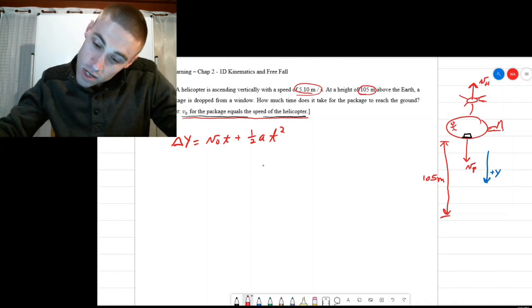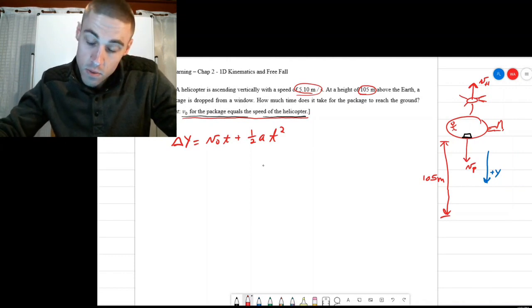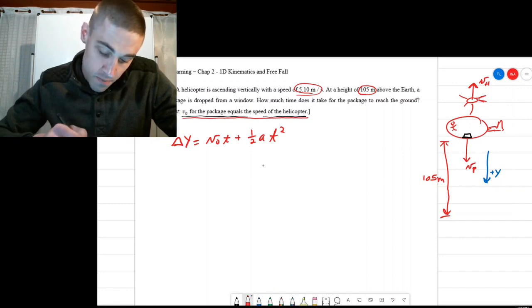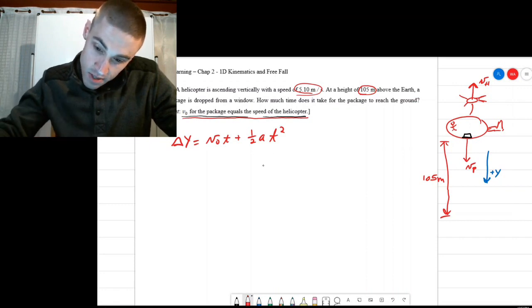I know that when this package gets dropped from the window, its initial speed is going to be whatever speed the helicopter is moving at. That makes sense, right? So this is going to be v0, and of course the velocity of the helicopter is going up, so that's in the negative y direction, since I've chosen the y-axis to be pointing downwards.